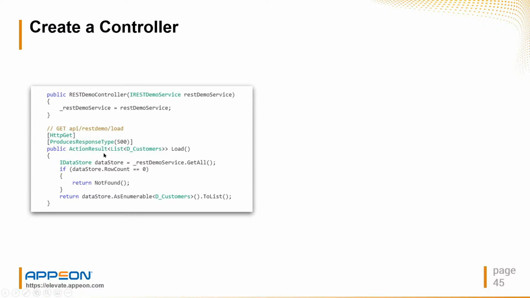ActionResult is just the container class, if you will, of what ASP.NET MVC web services return. I've put in here a ProducesResponseType 500, which is the error code, and indicated that it's the Get method. Most of that was pretty much part of that sample code.